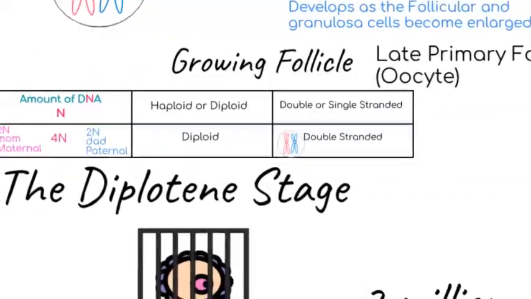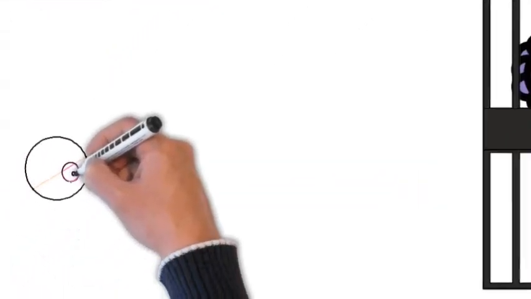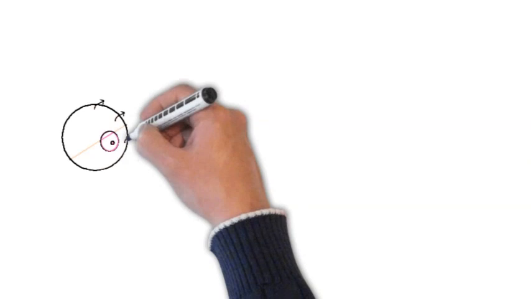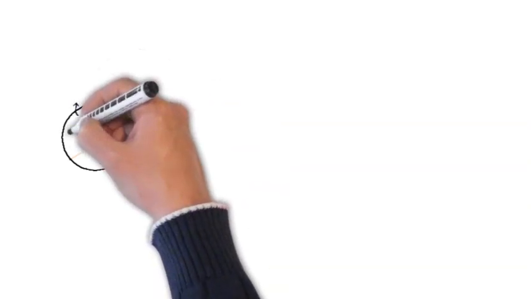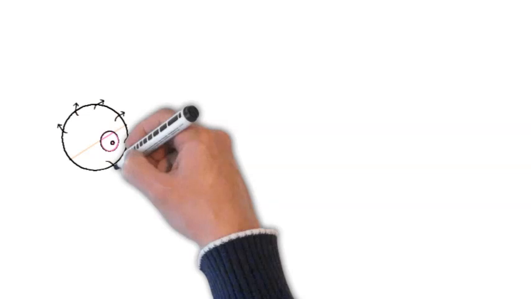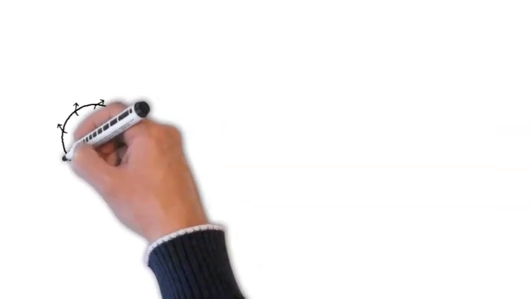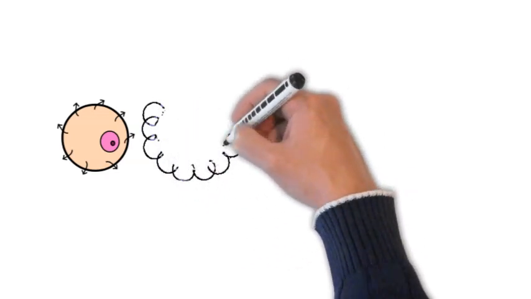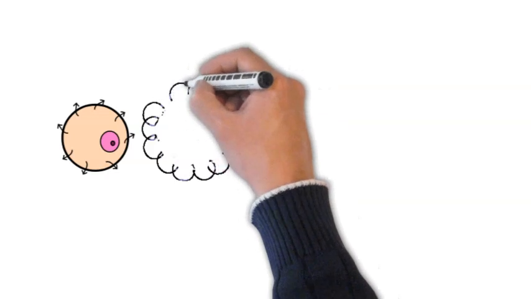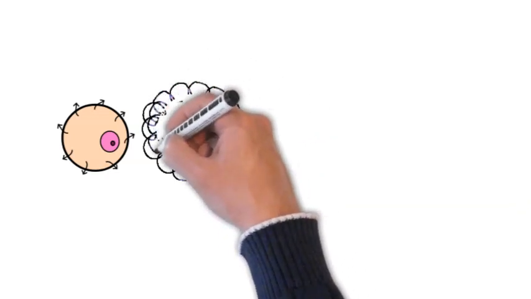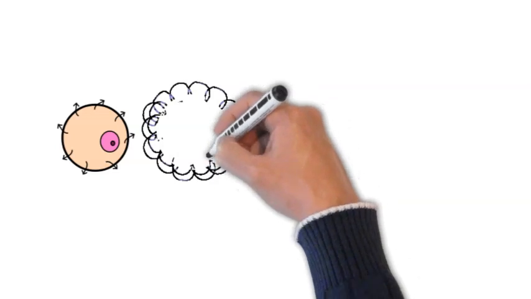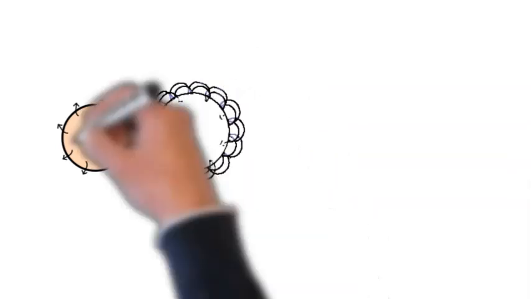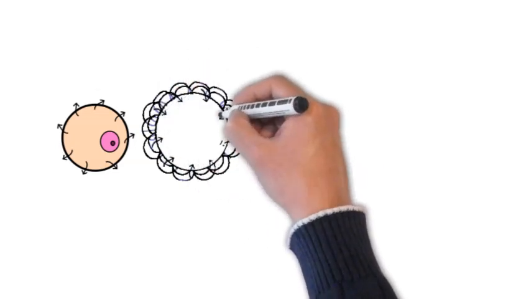During the development of this primary follicle, the primary oocyte itself secretes some glycoproteins outside, and the follicular cells also secrete the same glycoprotein inward. The circle inside, that's your primary oocyte. It's going to secrete outward some glycoproteins, and then the cuboidal follicular cells around the primary oocyte will secrete the same glycoprotein.